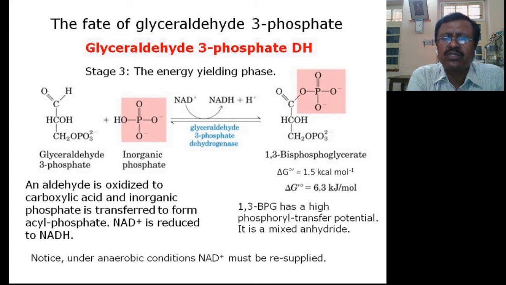So the product of the reaction is 1,3 bisphosphoglycerate or 1,3 DPG. It is an example of a redox reaction catalyzed by a dehydrogenase. In this reaction, NAD plus is reduced to NADH.